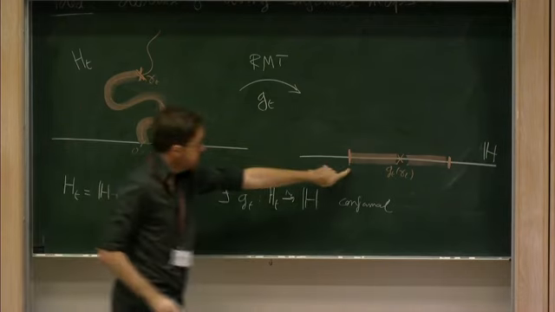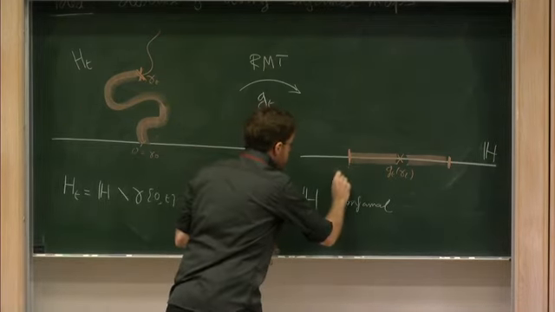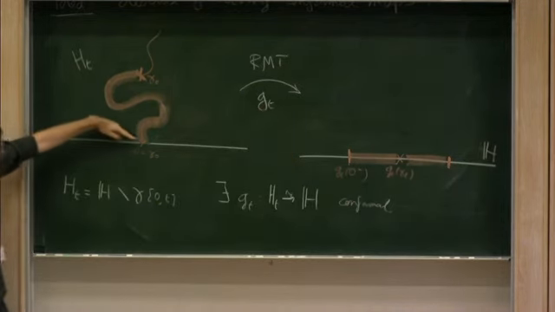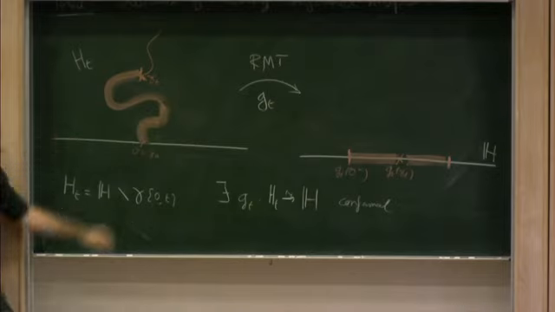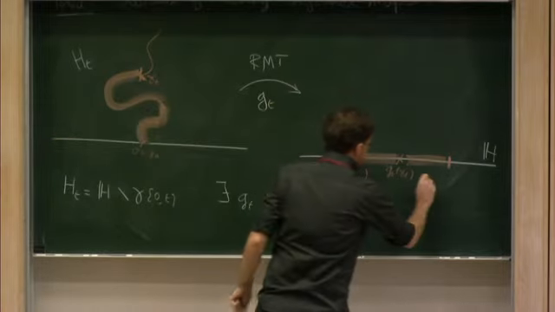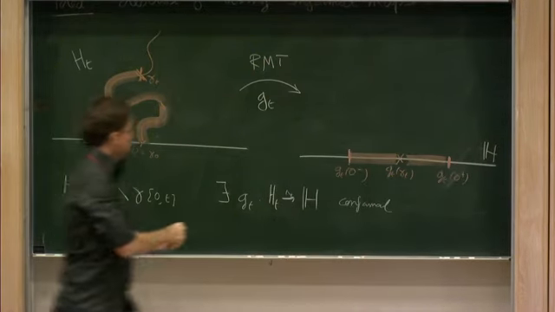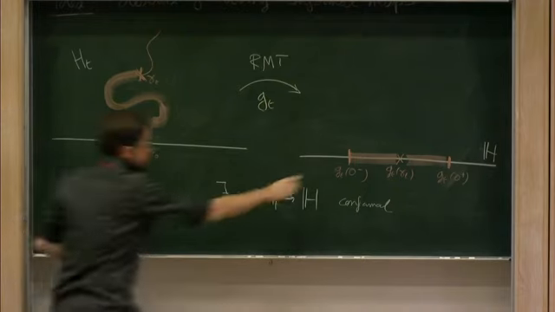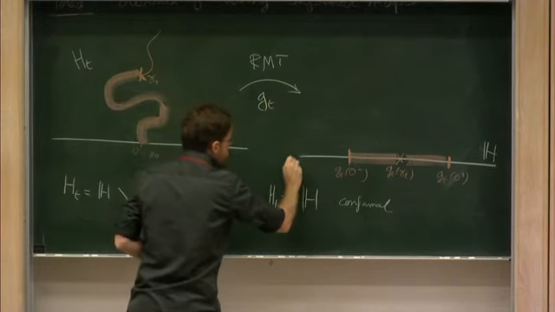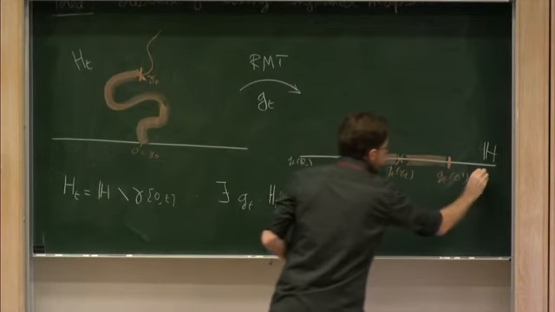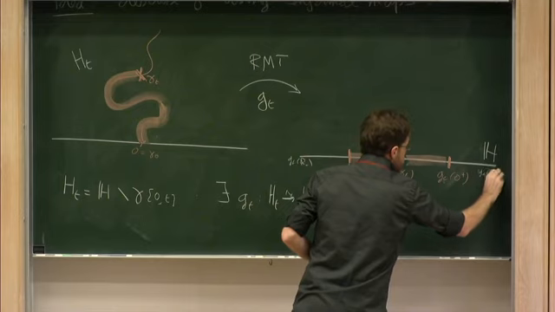And essentially this is gt of 0 minus. It's the image of this corner here by gt, and this point here is gt of 0 plus. And then this whole half line is gt of r minus, and this is gt of r plus.